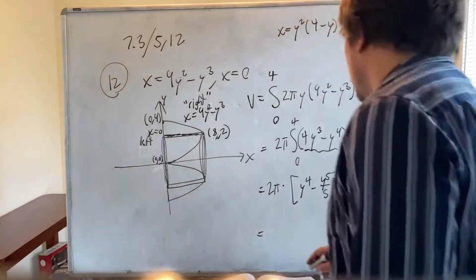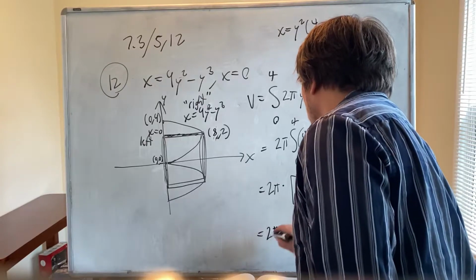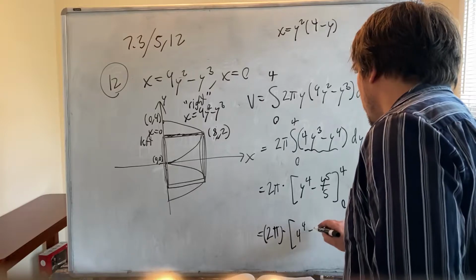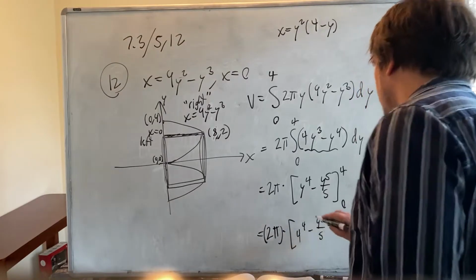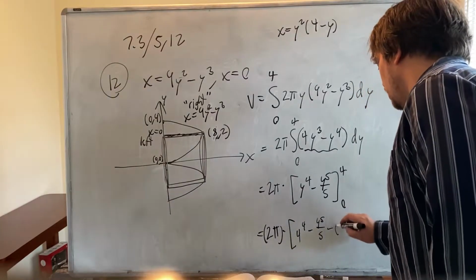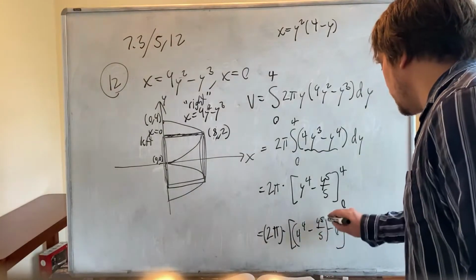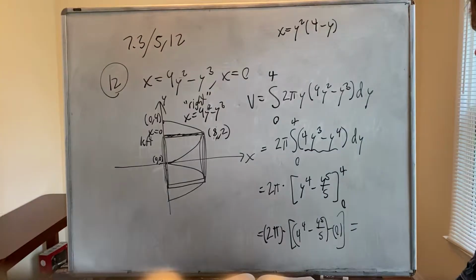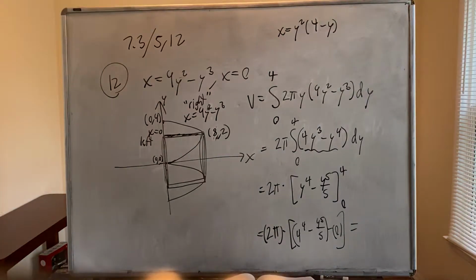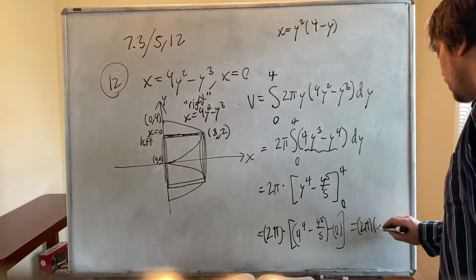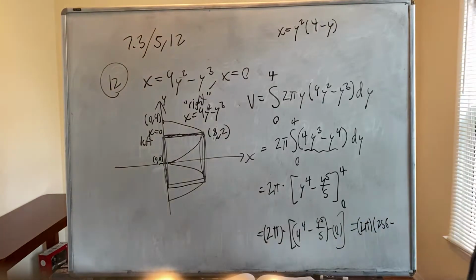And that's equal to 2 pi times, plugging in 4, you get 4 to the 4th minus 4 to the 5th over 5, and then minus 0. Okay? And so then that's equal to 2 pi times 256 minus.